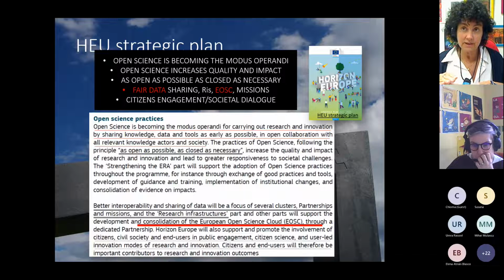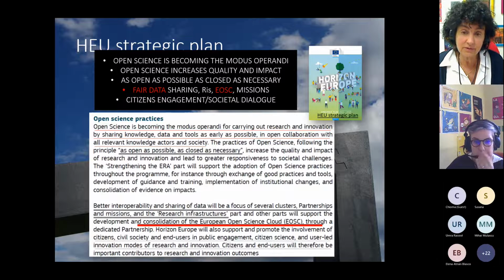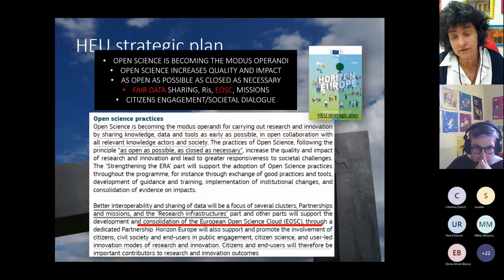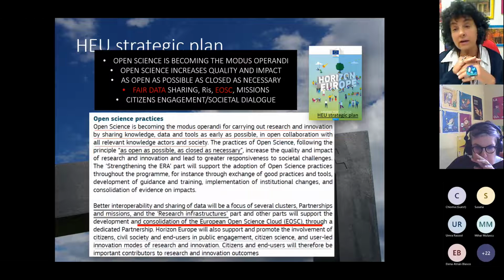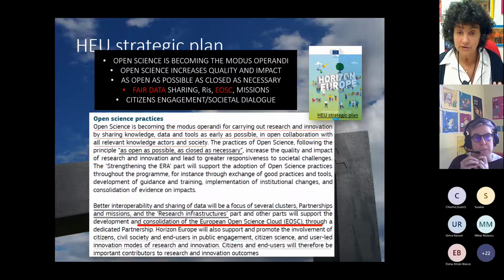So it's completely the opposite of what's going on now, because now everything is closed and only some brave researchers, a growing number, I would say, open the data, open every step of the research. It should be the reverse. Everything should be open. You should keep it closed only when it's needed.